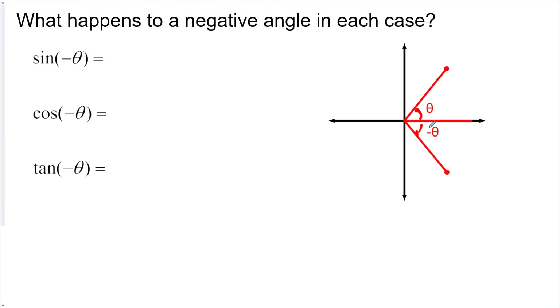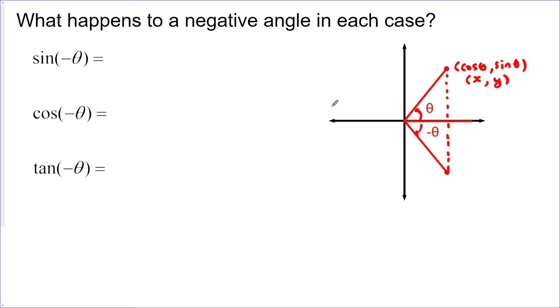When we have angles in standard position, our coordinate on the unit circle is cos theta, sine theta, and this represents the x value of our coordinate, and this represents the y value. So if we move the same magnitude forward as we do in the negative direction, the first thing we notice is our x-coordinate is exactly the same.